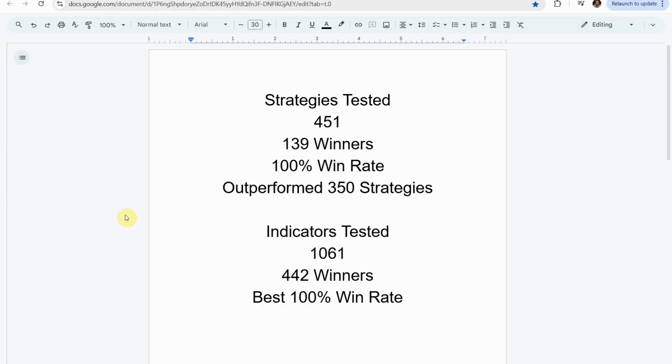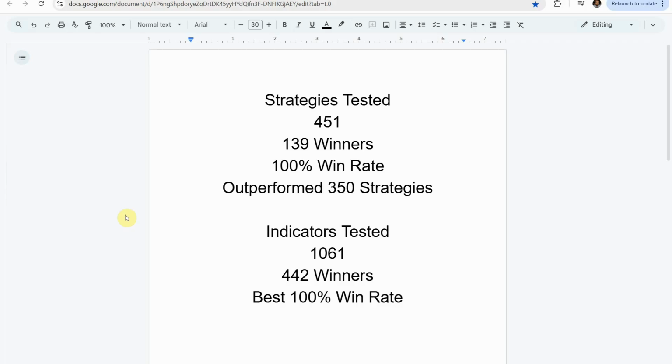Alright, as I said, today we will be testing a crypto scalping strategy. Before we do though, I wanted to put the testing scoreboard up for everyone to see. So to date, we have tested a total of 451 different strategies, with 139 of them being winners. The best one so far was able to achieve a 100% win rate.